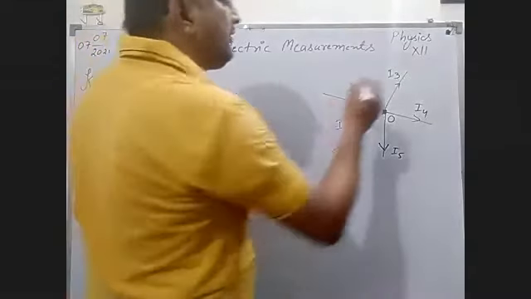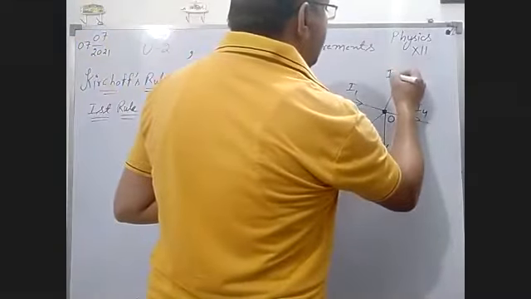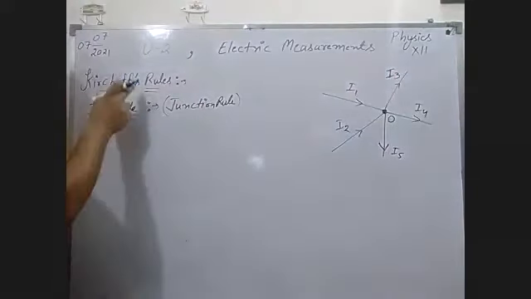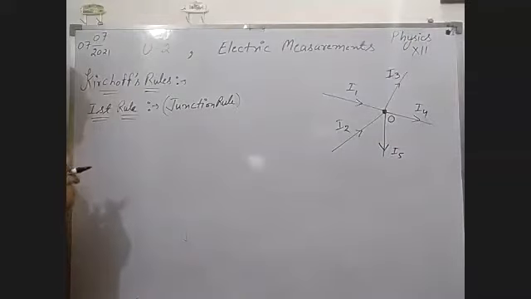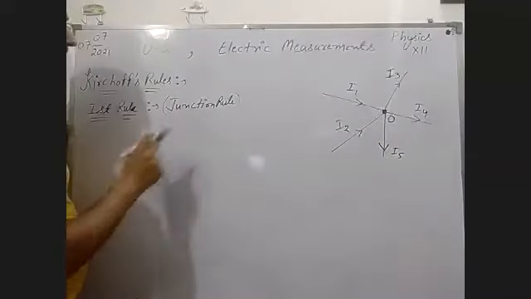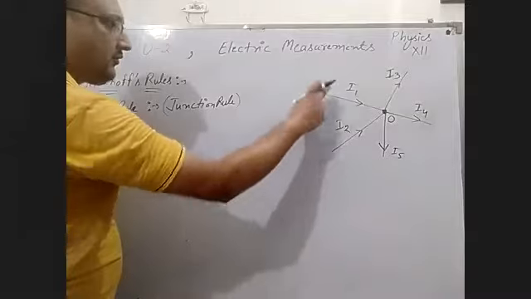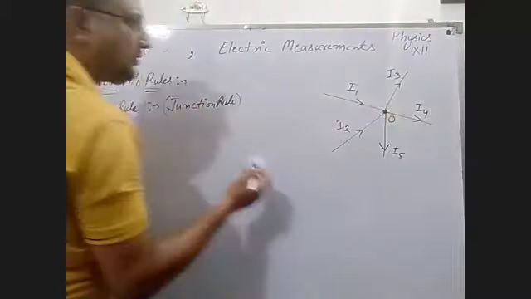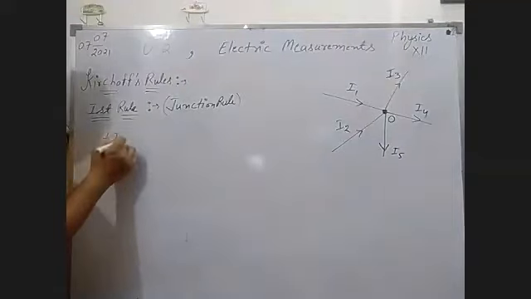In this type of numericals, how you can use Kirchhoff's first rule or junction rule: the currents which are moved towards the point O, you should take with positive sign.